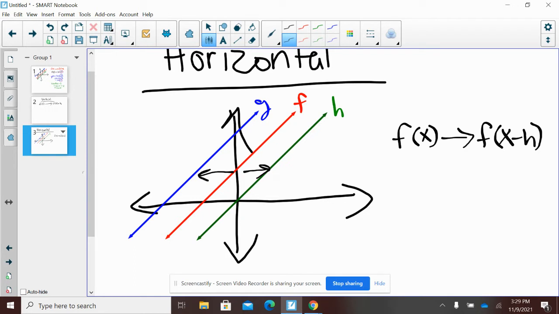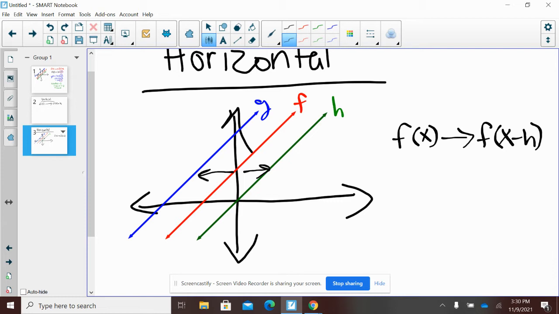And you'll notice I have x minus h. So if my h value was a positive 2, that would look like x minus 2. If it was a negative 2, that would look like x minus a negative, which turns into a plus 2.